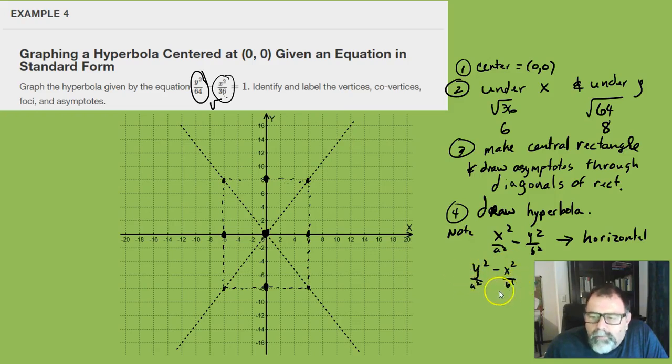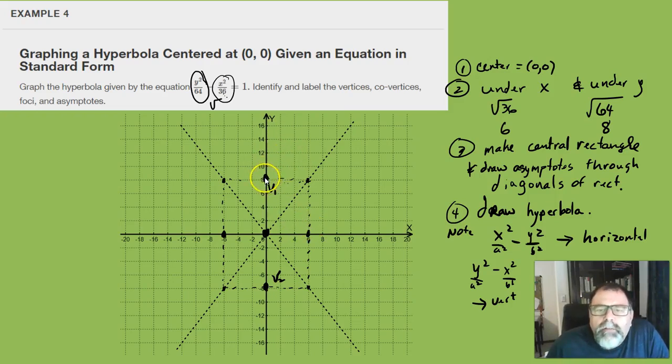I just ignore everything else. So this is y squared minus x squared, so it's vertical. Now I know this is my vertex. So this is vertex 1, vertex 2. This is my co-vertex, which is not going to be on the hyperbola at all.